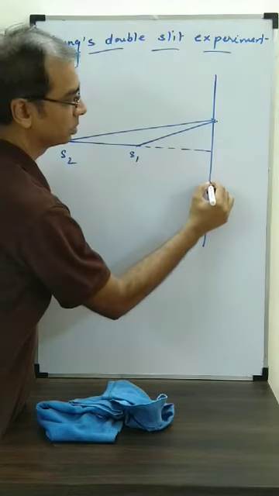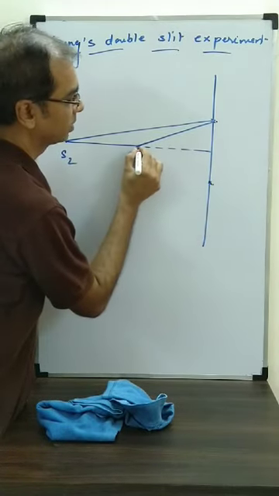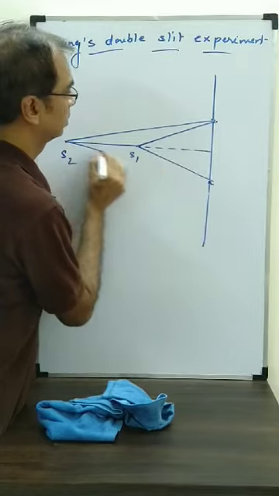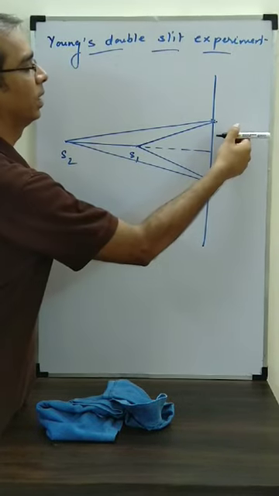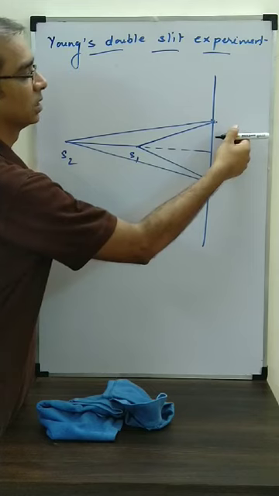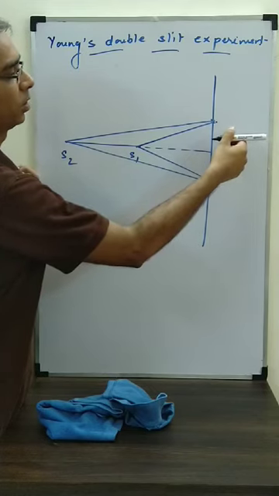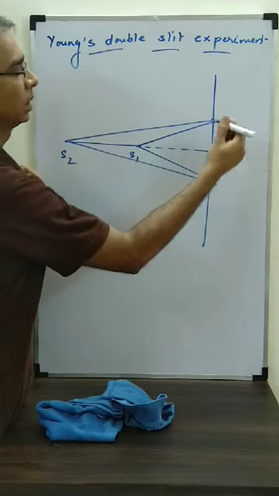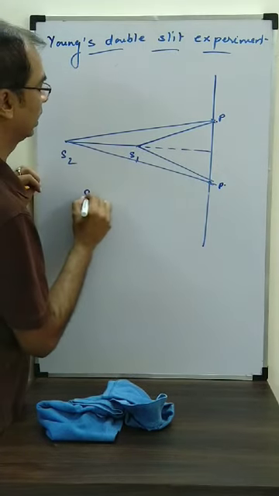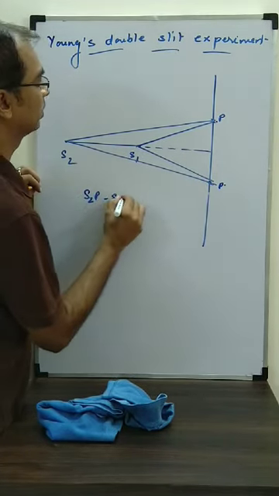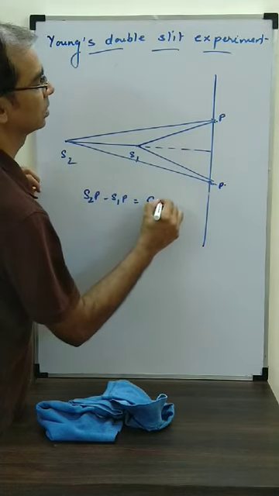At this point also, there is a first maximum. At this point also, if I can make the distance the same. If I say this is P and this is also P, then S2P minus S1P is fixed, it's constant.